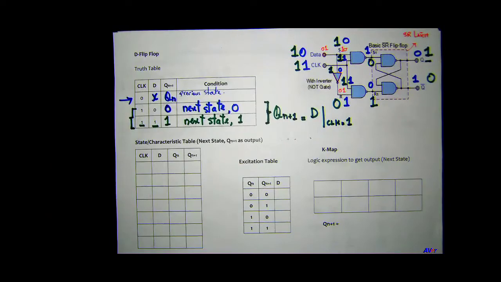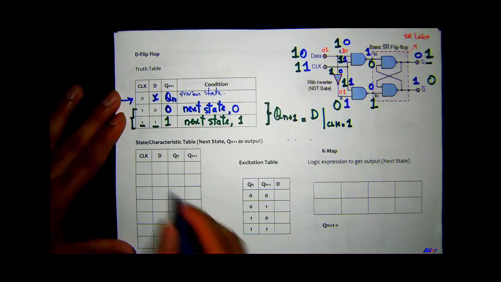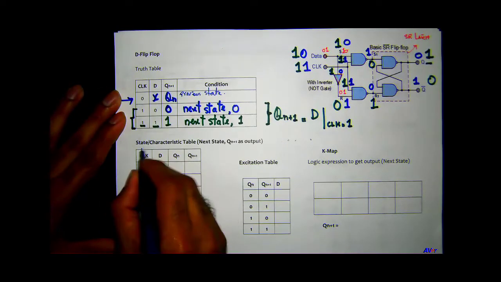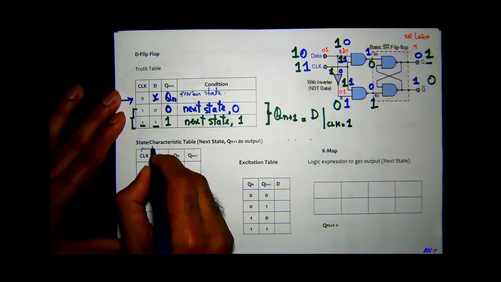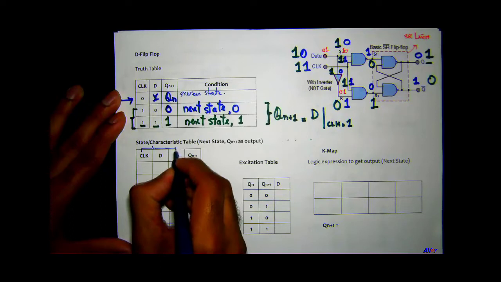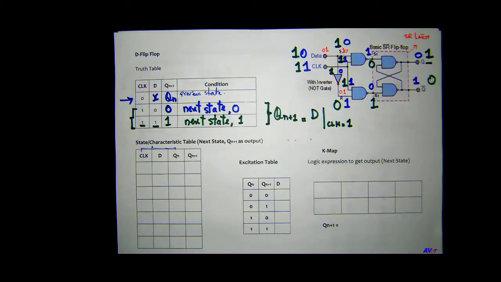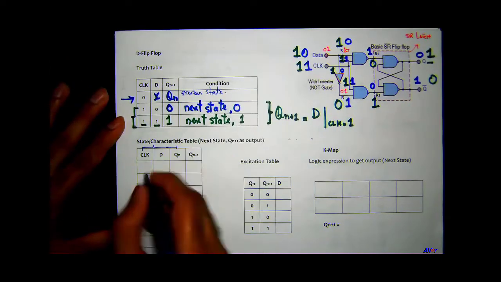Okay, similarly now we are going to complete the characteristic table. I just told you in a characteristic table you put your present inputs and the previous state right next to each other. Here we are actually considering clock in there too. You don't necessarily have to. You can also assume that clock is high at all times, but I'll just put it in here.